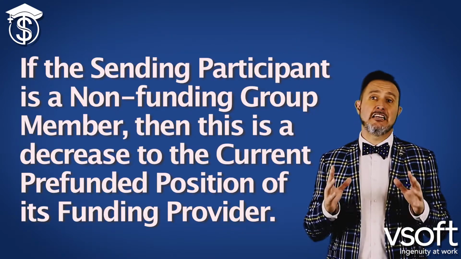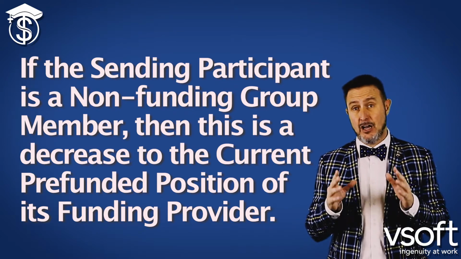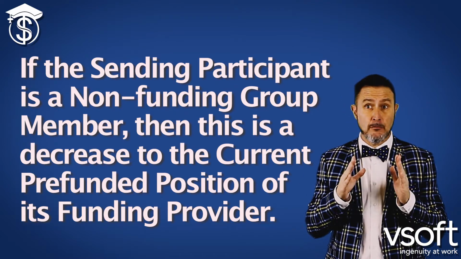This is done by the RTP system by simply decreasing the sending participant's net position, which by now you probably realize will also decrease the current pre-funded position of the sending participant. If the sending participant is a non-funding group member, then this is a decrease to the current pre-funded position of its funding provider.